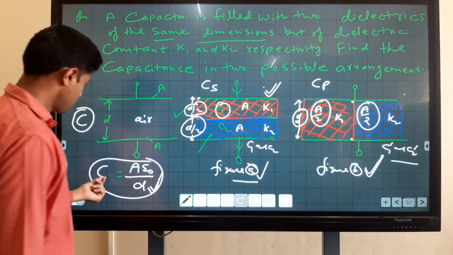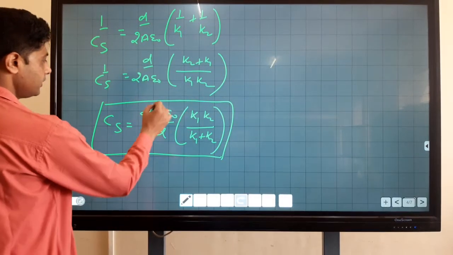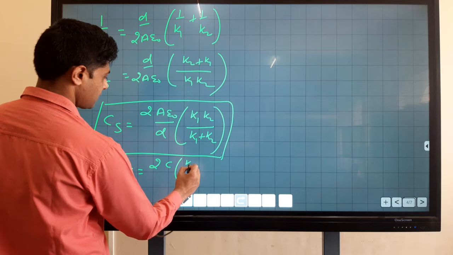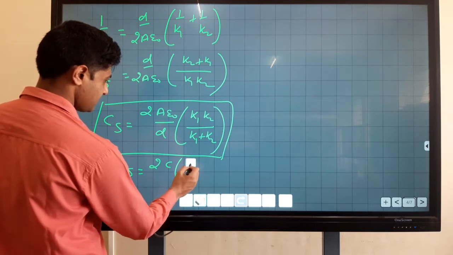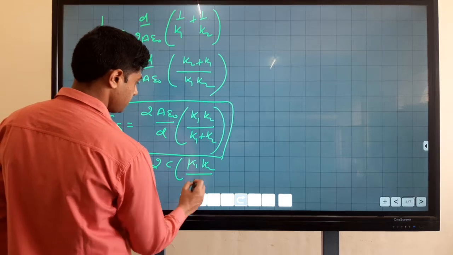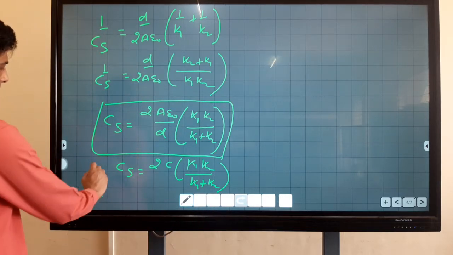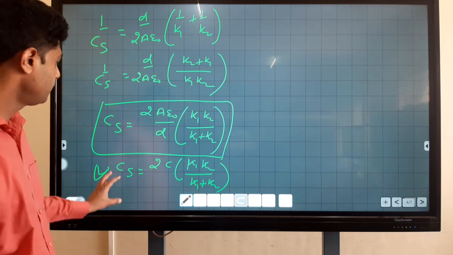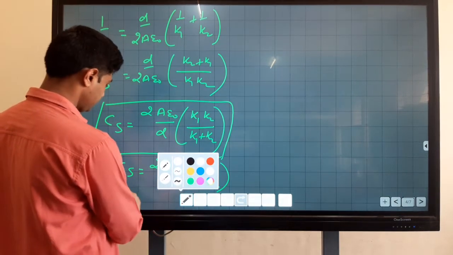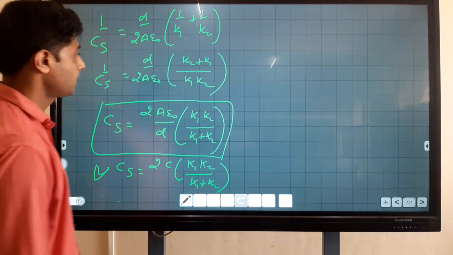And A epsilon naught upon D is the value of C, so we can replace it: CS equals 2C times K1 K2 upon K1 plus K2. This is the value of the resultant capacitance in the first case.